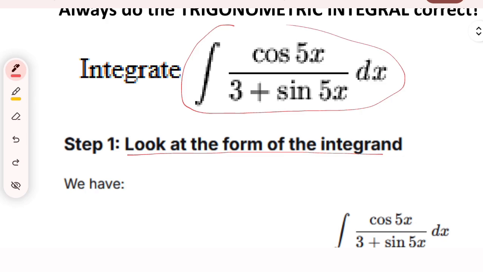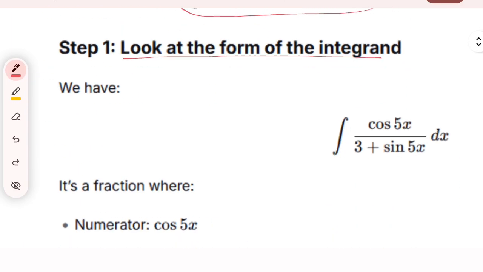Investigate and try to see what's in there. We have the integral of cosine 5x over 3 plus sine 5x. So we have cosine and we also have sine, and we have 5x in the numerator and 5x in the denominator, as you can see there.